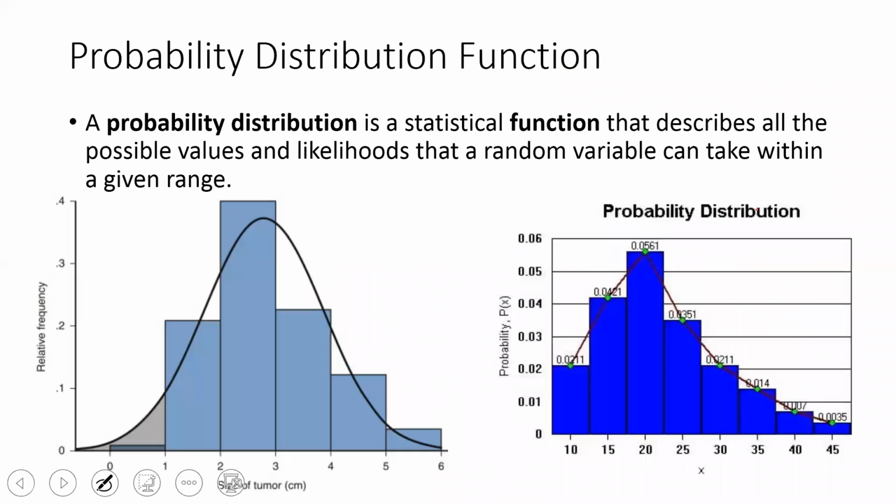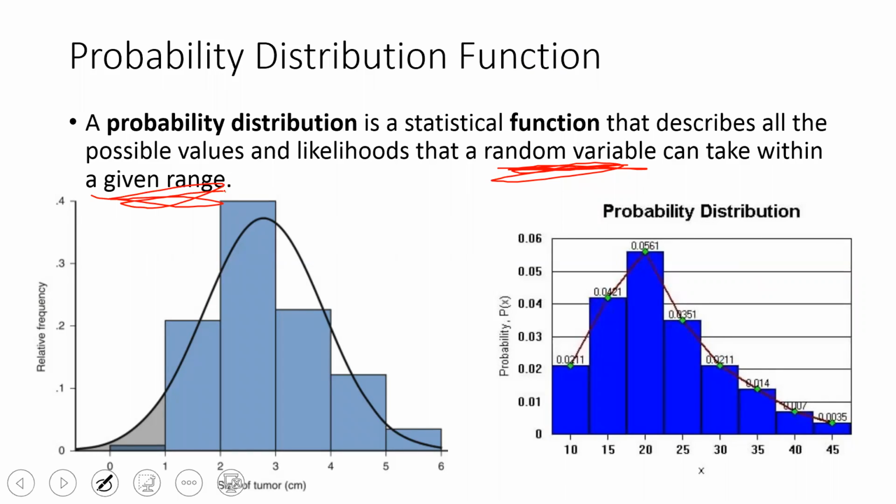Now let's see what is a probability distribution function. It is a statistical function that describes all the possible values and likelihoods that a random variable can take within a given range. It can give me the probability of a random variable within a given range, or even for an infinite range.